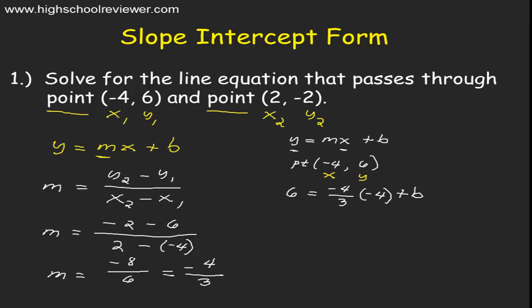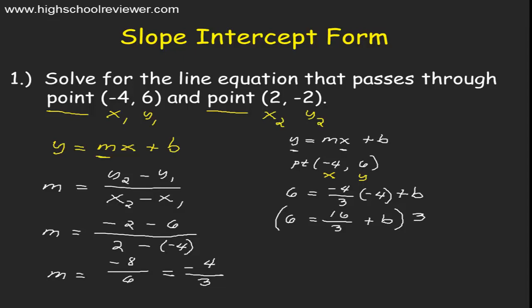So this will be 6 is equal to -4 times -4, that is +16 all over 3 plus b. To find for b, we first have to remove the denominator, or transpose +3 to the other side. To do this, we are going to multiply both sides of the equation by 3.